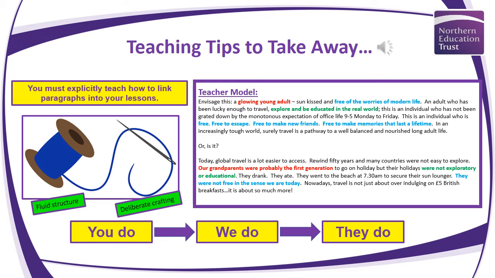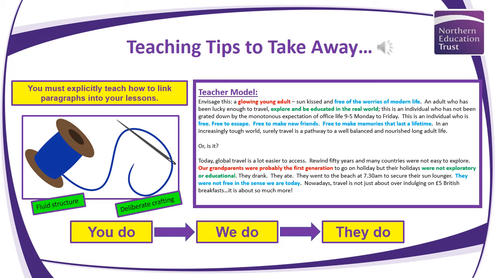So as you can see on the right hand side is the opening to, well, not just the opening, a couple of paragraphs on the topic of travel. So if we have a look at the words and phrases that I've highlighted in red first of all. So envisage this, a glowing young adult.